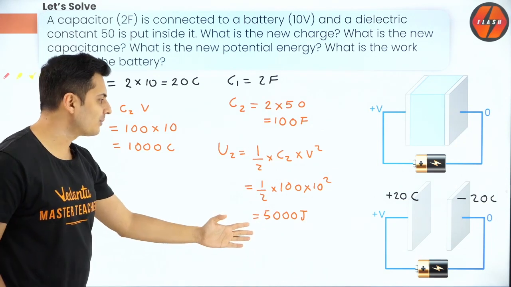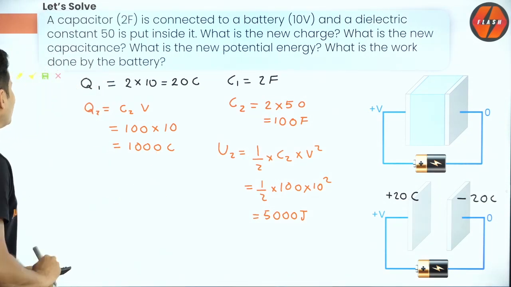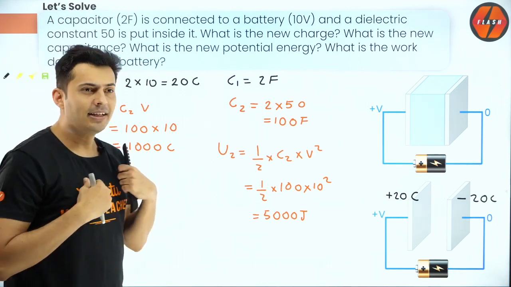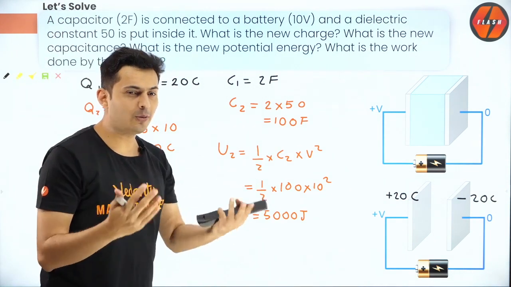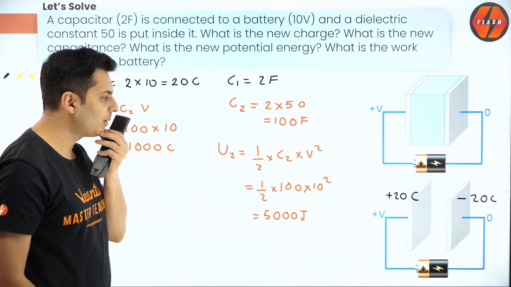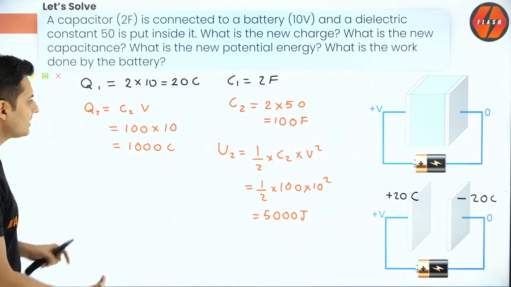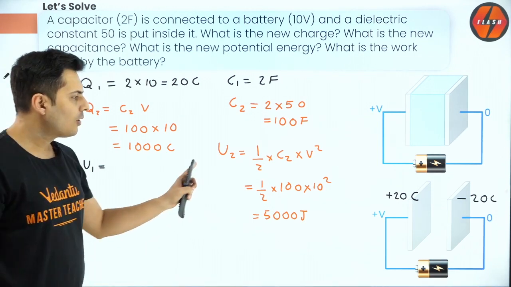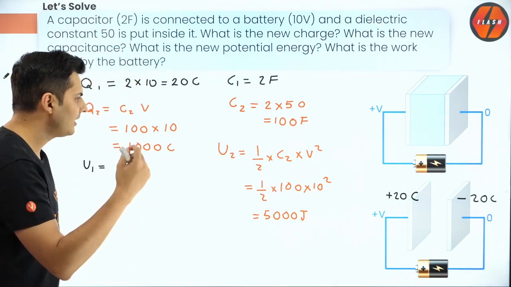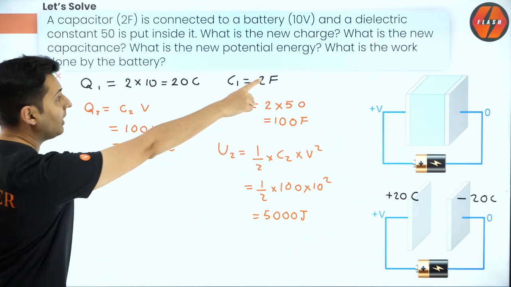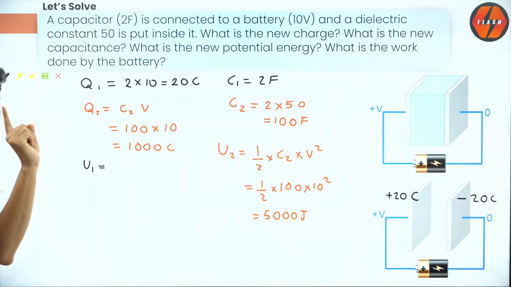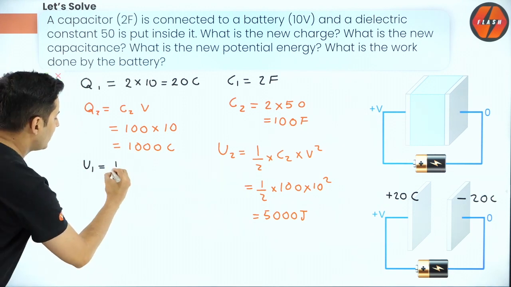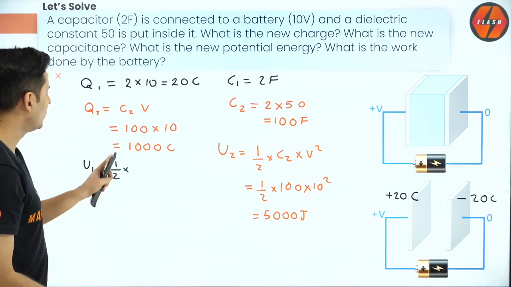Very interesting problem. Now this is the end of that problem, but let's say I'm a little more curious and I want to figure out some more things, like what was the initial energy stored in it. Oh, we also have to find the work done by the battery, I'll come to it in a bit. The initial energy is half into C into V squared.